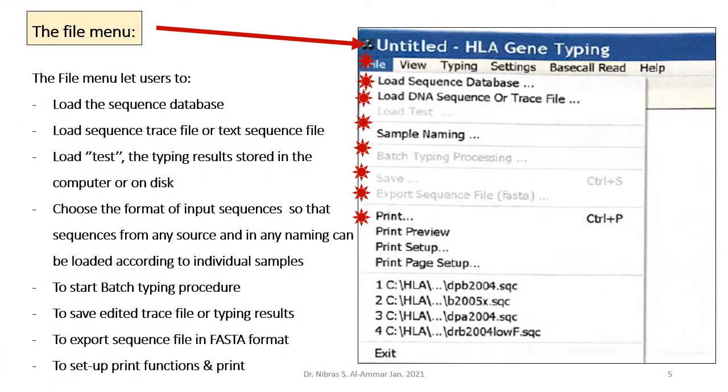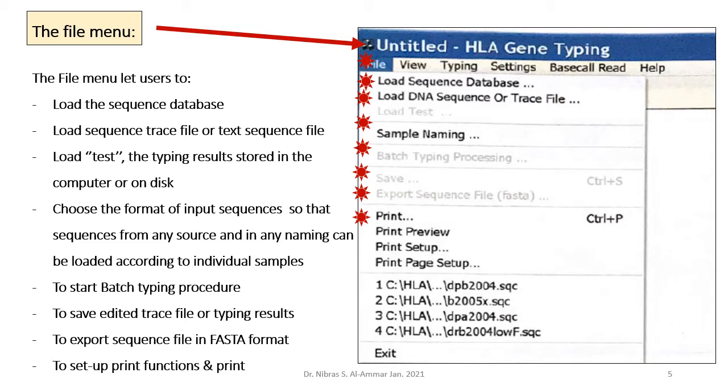Now the file menu. The file menu lets users load the sequence database, load a sequence trace file or text sequence file, and load the typing results stored in the computer or on disk. It lets you choose the format of input sequences so that sequences from any source and in any naming can be loaded according to individual samples.